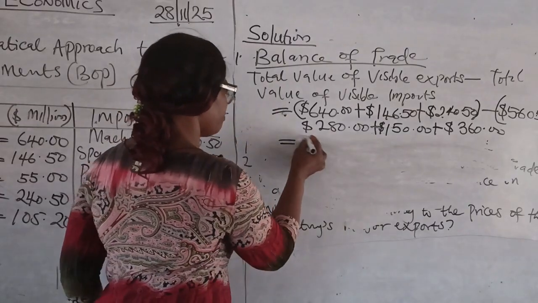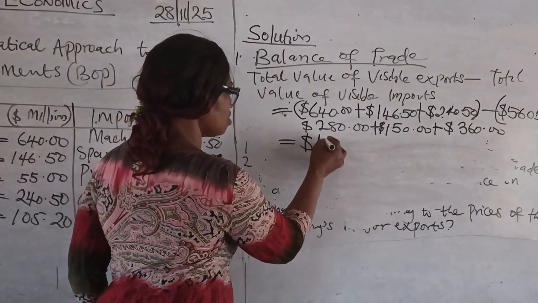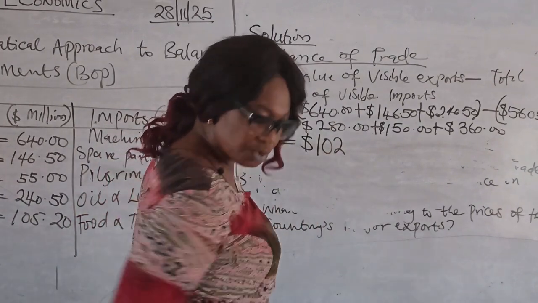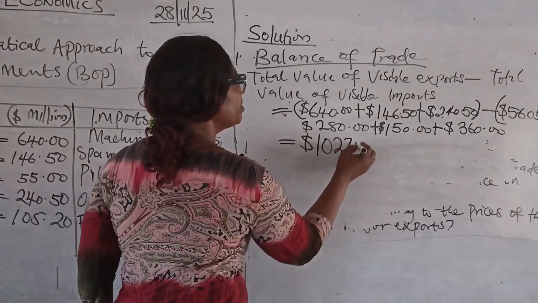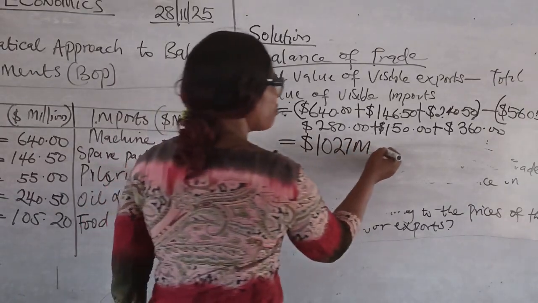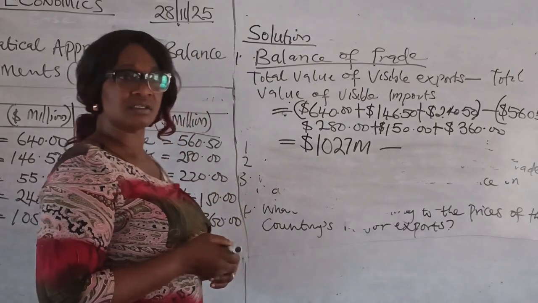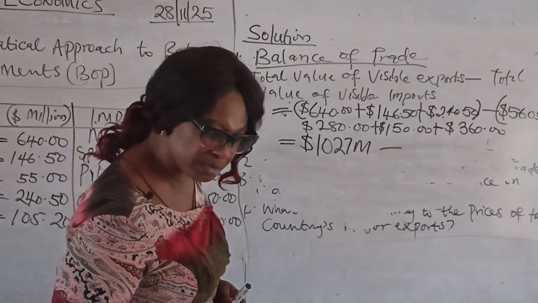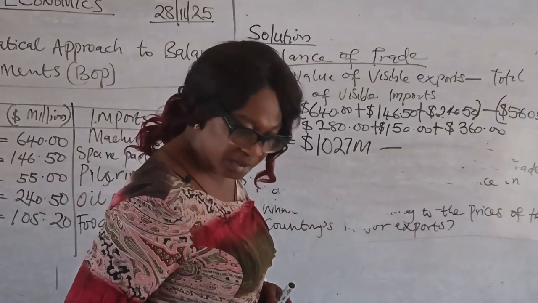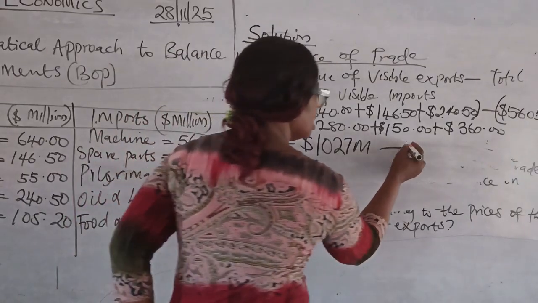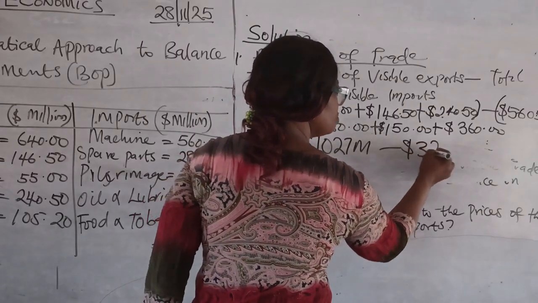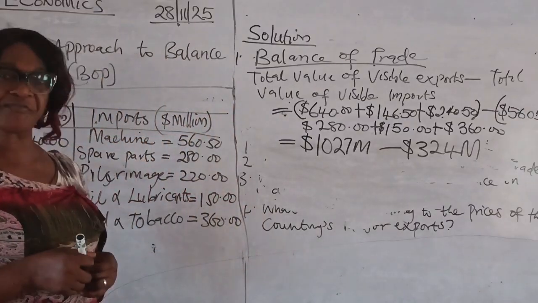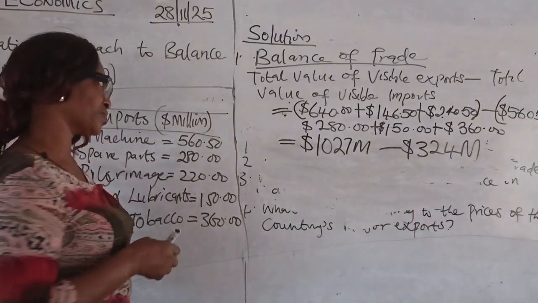All together it will give us 1027 million dollars minus our visible imports, and the total of our visible imports is $324 million.